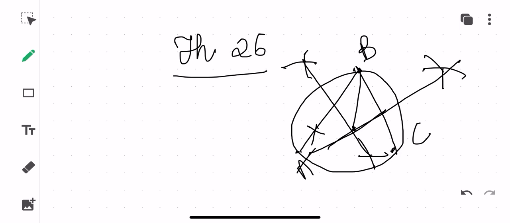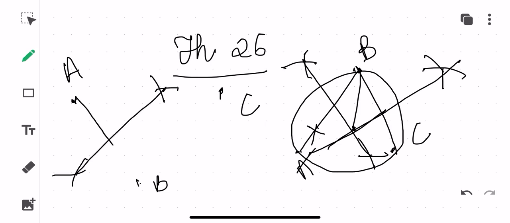Children, how to draw a circle is not relevant here. The only important thing is that through 3 given points you can draw only one circle, and the condition is that those 3 points cannot be collinear. They should not lie on the same line. Suppose these are the 3 points A, B and C. For AB I draw a perpendicular bisector like this, and for BC also I draw a perpendicular bisector like this.